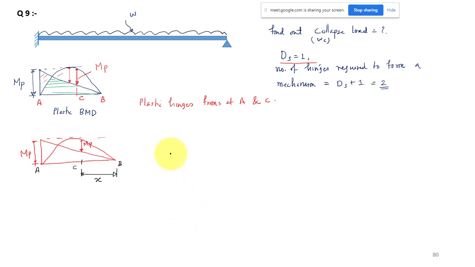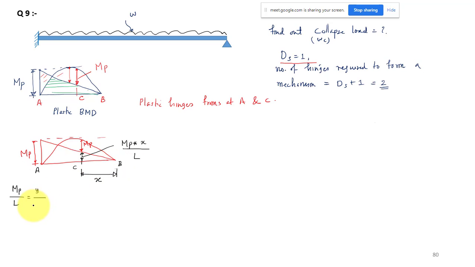So this is MB, and then I can find what this height is at this point. It is MB, and the total length is L. So I can apply similar triangles and find this value. This height will be nothing but MB into x by L. Let us say the height is y, so MB divided by length L equals y by x.